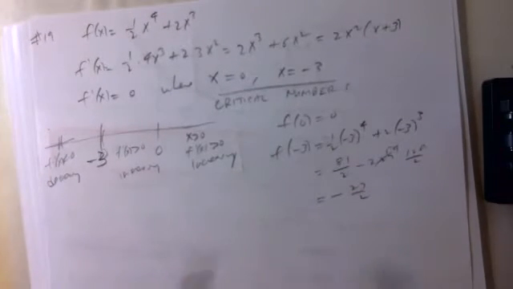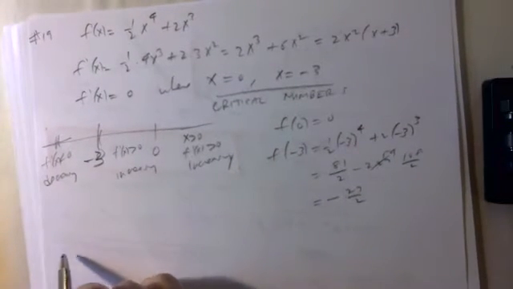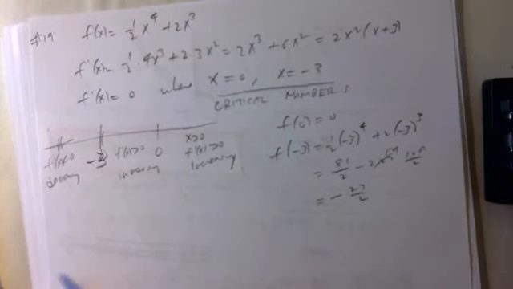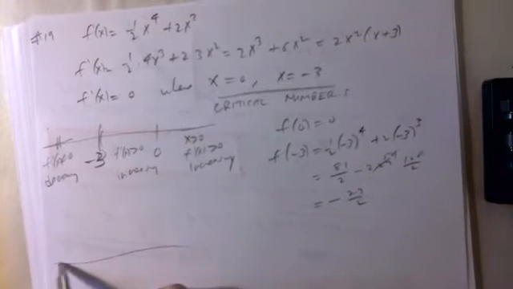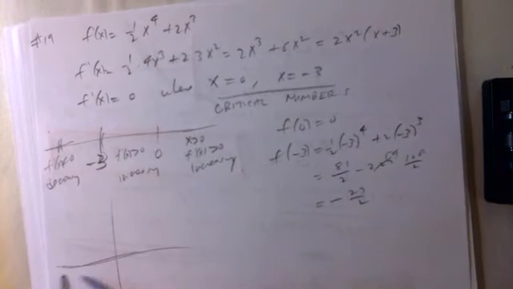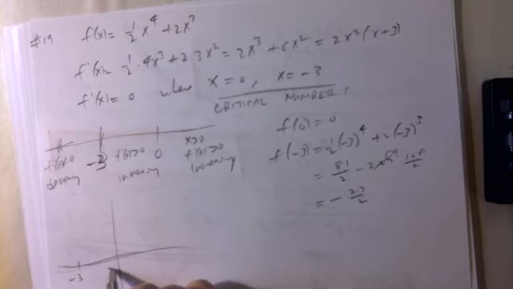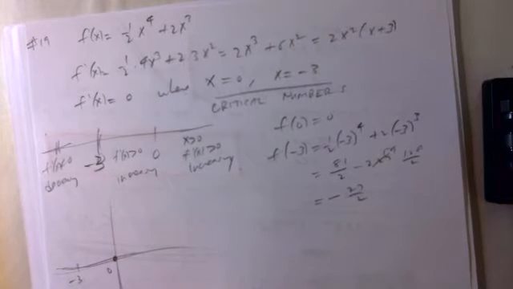So if we were looking at this function and just wanted to know where it's increasing, where it's decreasing, and where it has its relative maxima and minima: -3 and 0. At 0, it's 0. At -3, it takes on this value, minus 27 over 2.